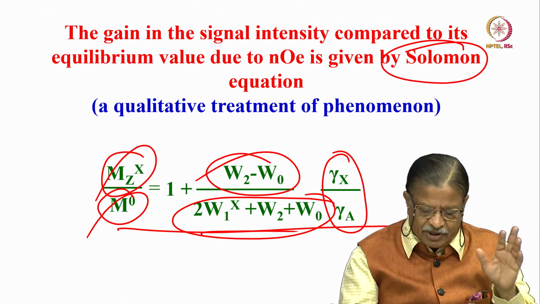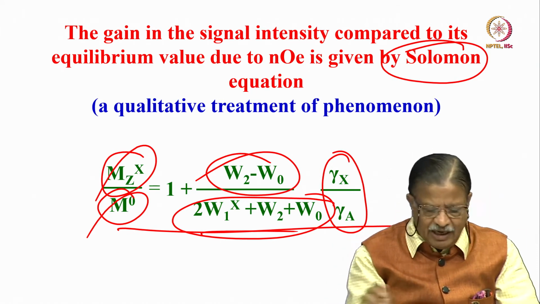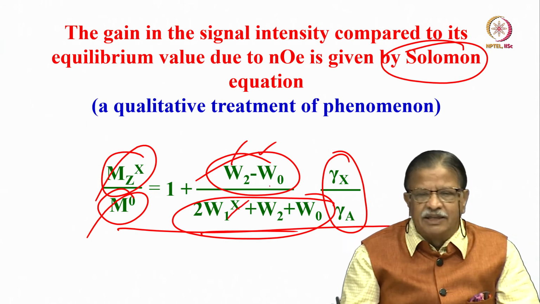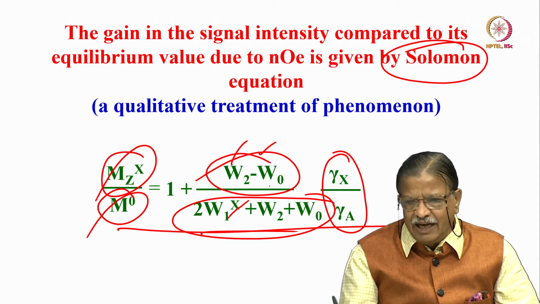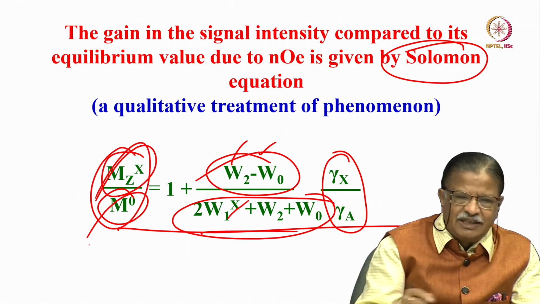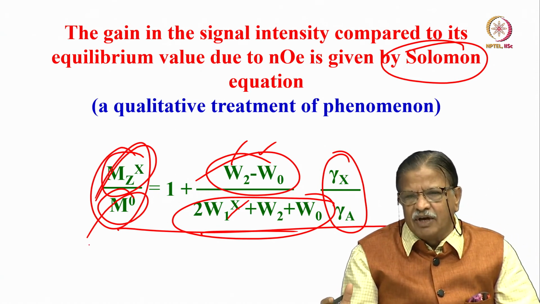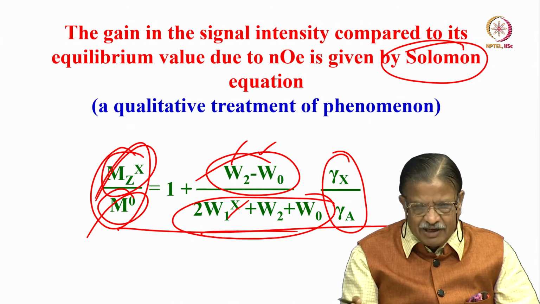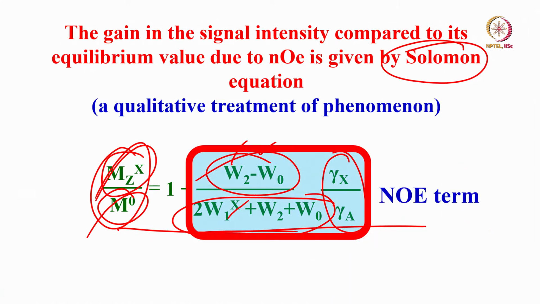These two are important. The gyromagnetic ratio is important and W2, W0 and W1, all three are important. If you know this, you will know what is the change in the intensity. This is a qualitative treatment of the Solomon equation. Without deriving, I am giving you this. And this is the important parameter to be observed.